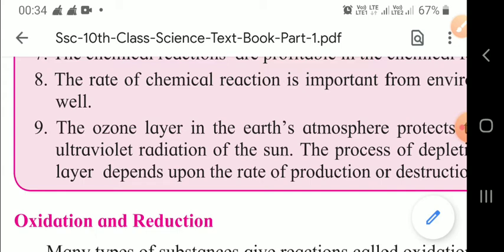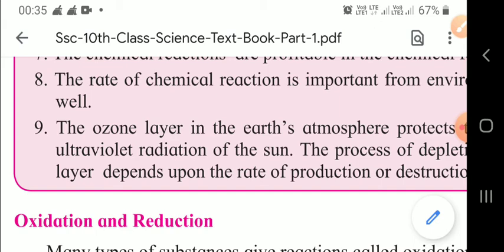Already I told you. Whatever chemical reactions are there, you practice at least 5 to 10 times, because in these chemical reactions, if you write in the correct way, the main thing is that whatever symbol you are writing should be written correctly, and the chemical equation should be balanced.